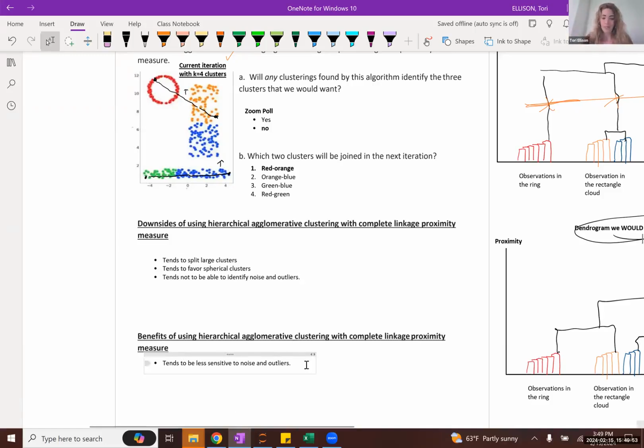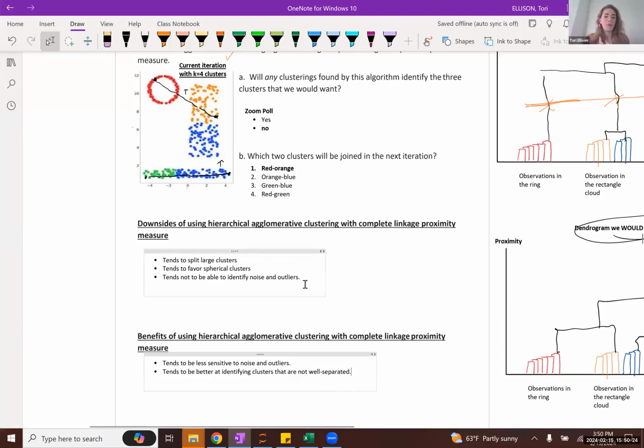And another benefit of complete linkage, in contrast to single linkage, is that it tends to be better at identifying clusters that are not well separated. We saw with single linkage, if you have two or however many clusters that are not well separated, single linkage is not as effective at identifying those clusters.